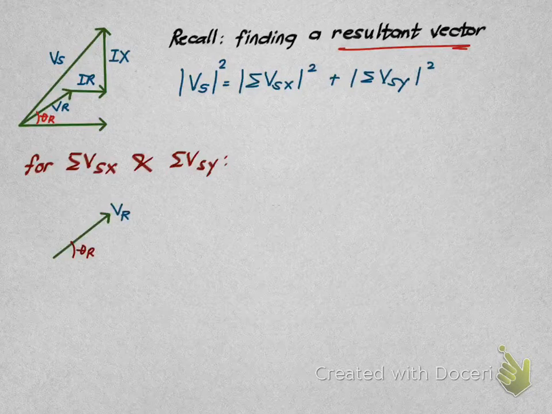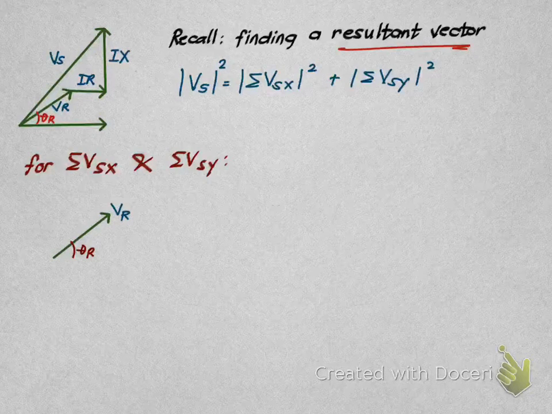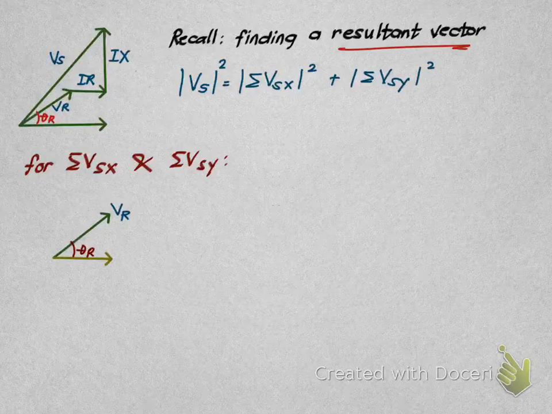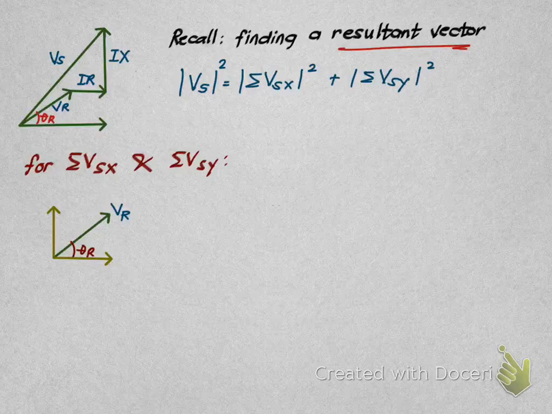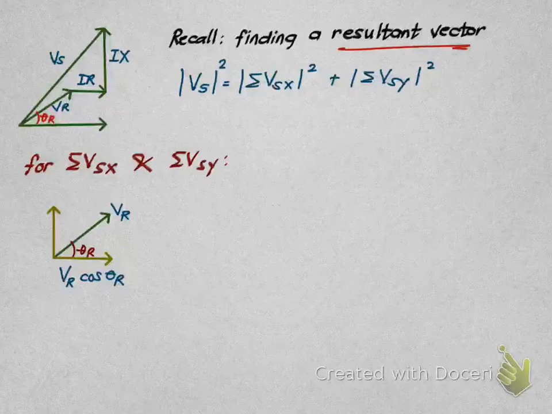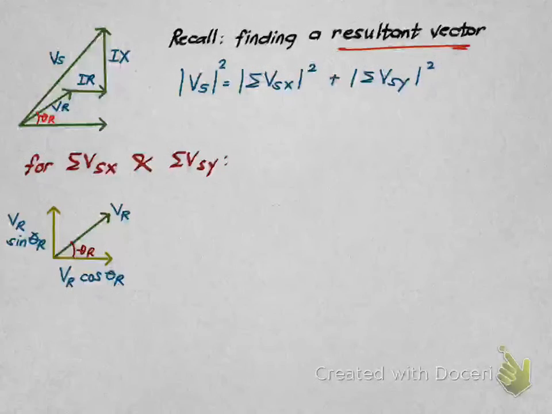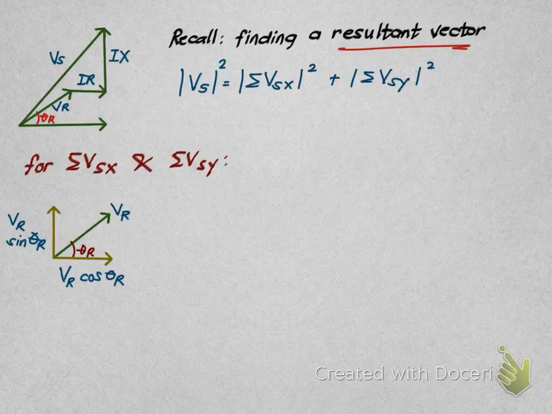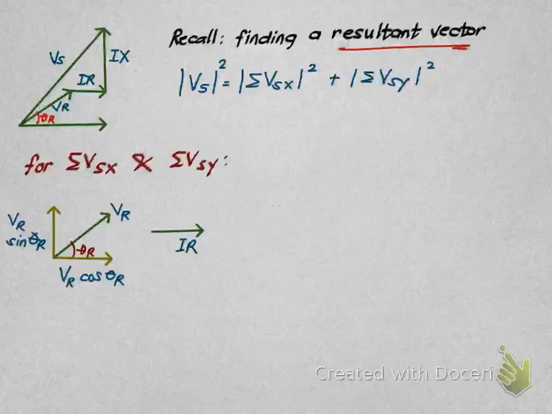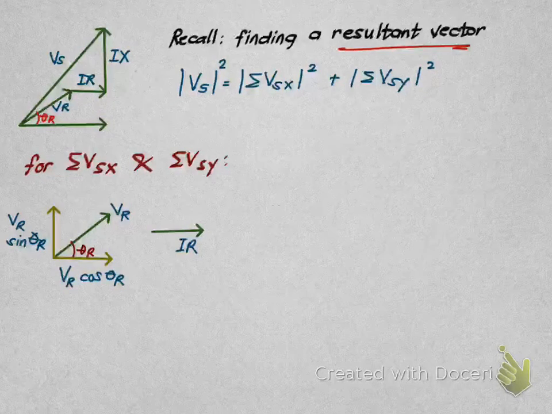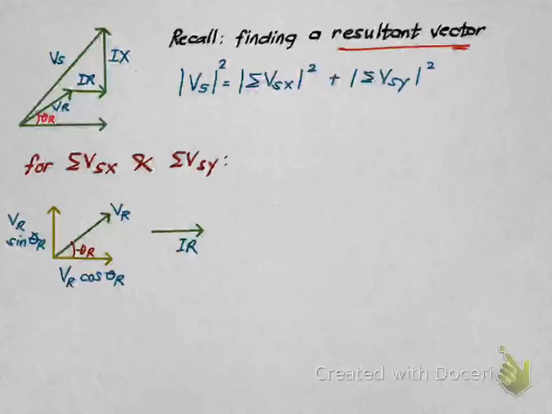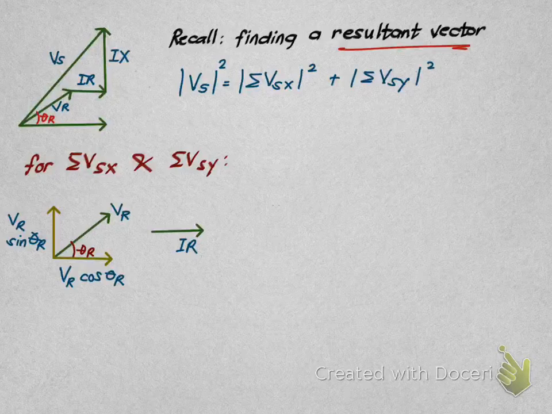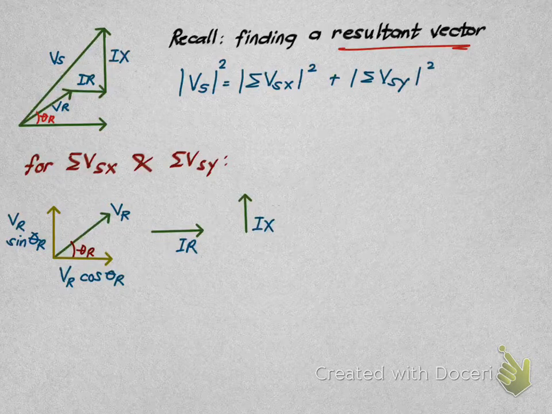So first, we have the VR component. We get its x and y respectively: VR cosine theta r and VR sine theta r. Next, the IR there. IR is simply the x component, there's no y component. And for IX, no x.